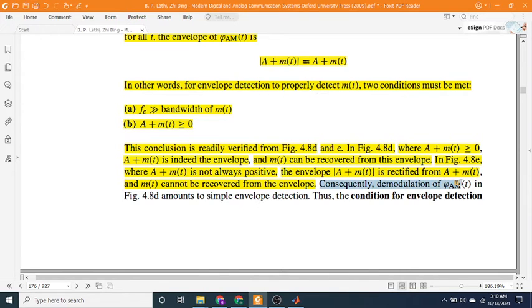Consequently, demodulation of φ_AM(t) in Fig. 4.8d amounts to simple envelope detection.